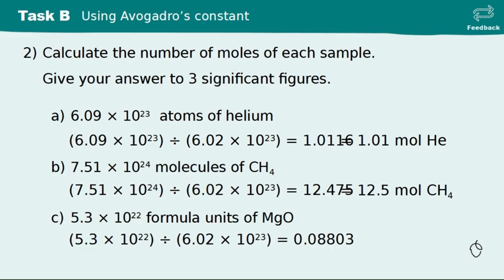And for B, 7.51 times 10 to the 24 divided by 6.02 times 10 to the 23 would give us 12.5 moles of methane, and 5.3 times 10 to the 22 divided by 6.02 times 10 to the 23 would give us 0.0880 moles of magnesium oxide.